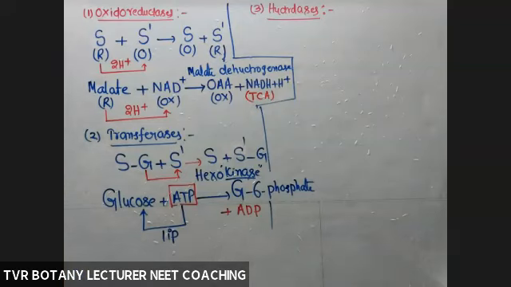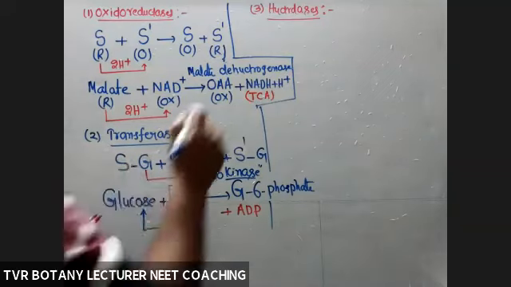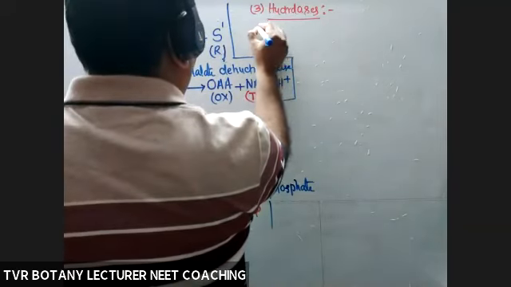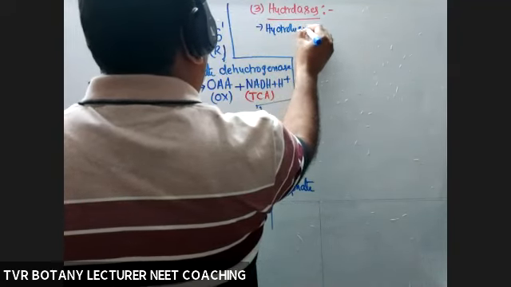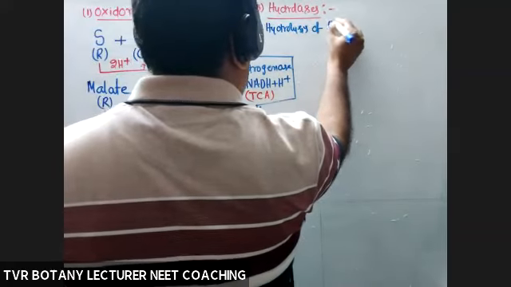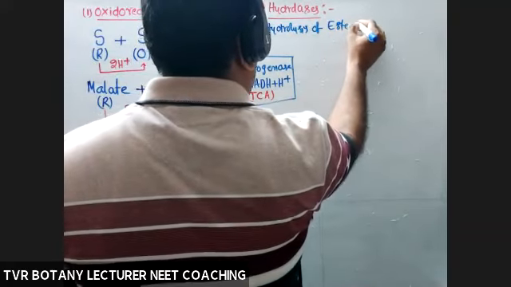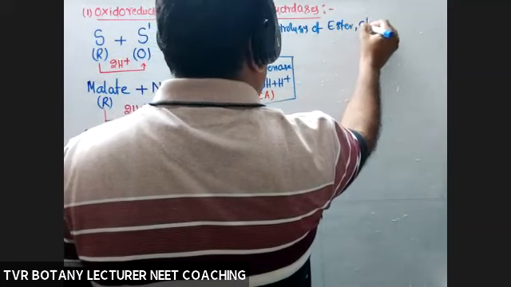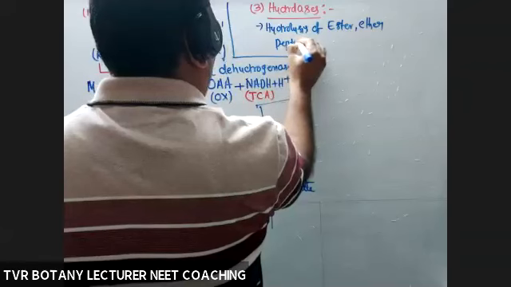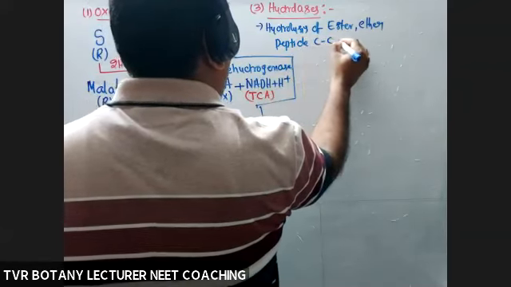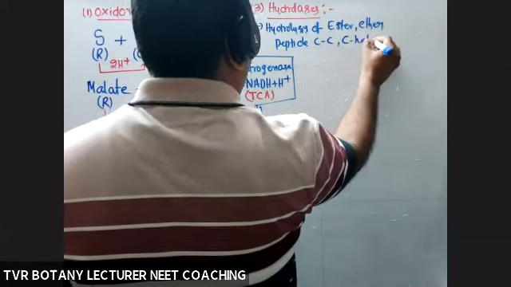Such a number of examples are given. Remember those. Hydrolysis of an ester bond, ether bond, CC bond, C halide bond. Here I'm giving some examples: hydrolysis of ester, ether, peptide, CC bonds, C halide, like that.